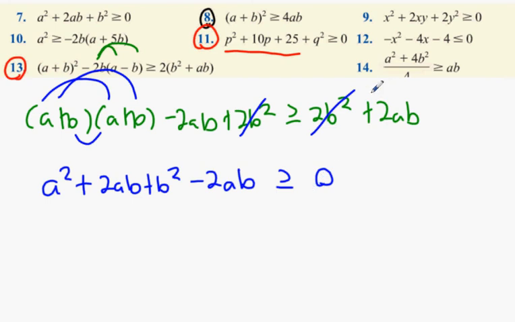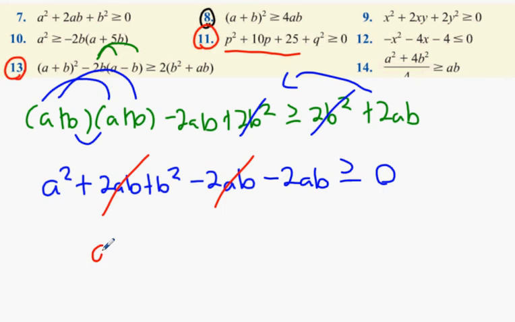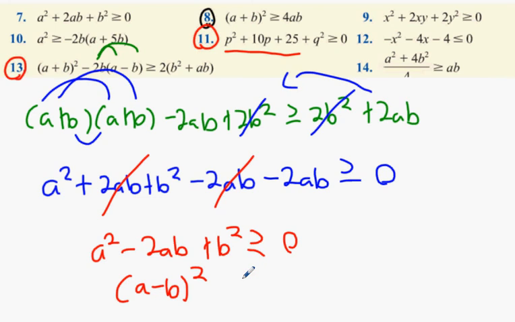Oh, sorry, the other 2ab. Oh, okay, that's what I forgot about. So, minus another 2ab greater than or equal to 0. Thank you. I'll cancel that one with that one. And what I'm left with is minus 2ab plus b squared greater than or equal to 0. That's what I'm left with. And then I can just do a minus b squared. A perfect square is bigger than or equal to 0.